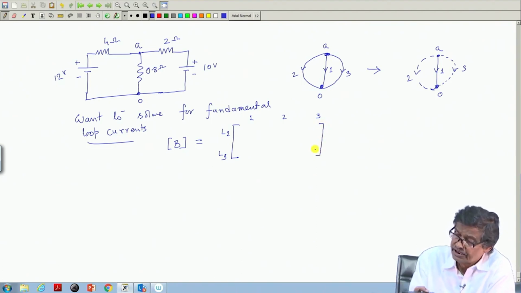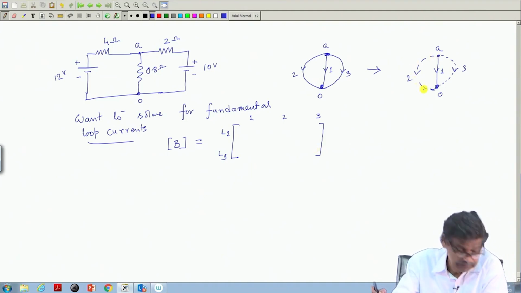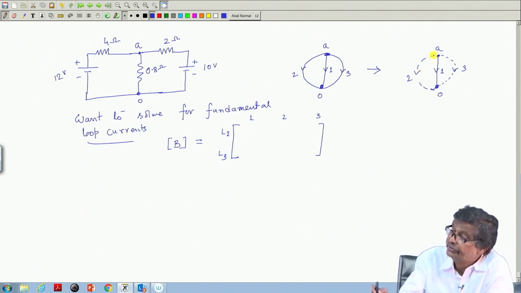So, B into V is equal to 0, that is the thing. Suppose you take this one. You start from this point. The direction of the link, if it is this way, assign a plus sign here.